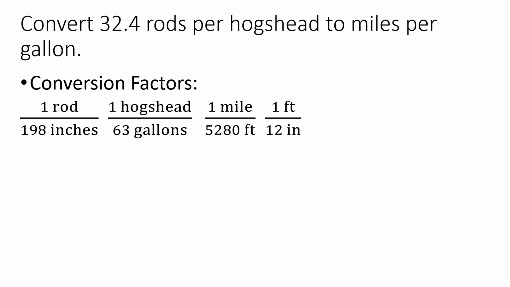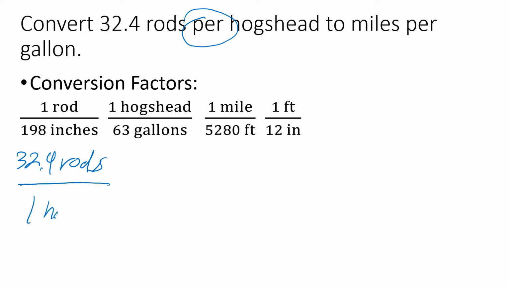Convert 32.4 rods per hogshead to miles per gallon. We'll talk about what a hogshead is in a minute. So my starting domino is going to be 32.4 rods per, so that means over 1 hogshead.